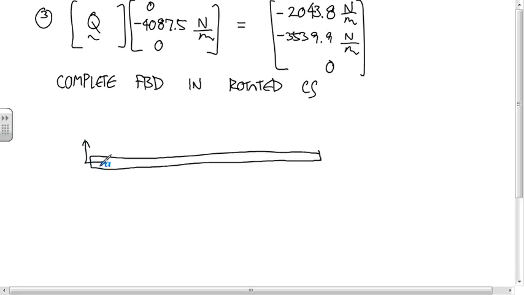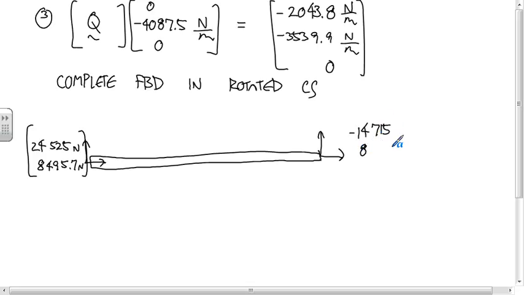Over here we have a force vector of 24,525, that's newtons, and positive 8,495.7 newtons. Over here we have a force vector of negative 14,715, positive 8,495.7, and those are newtons.